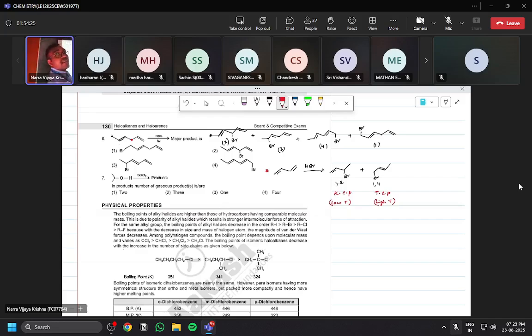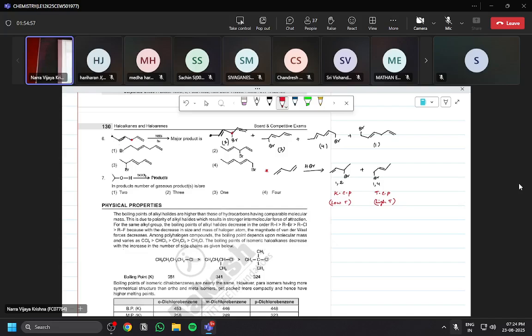Correct or not? So in case of a radical, if the radical is formed here, then it is a secondary radical and it is in conjugation with 2 pi bonds in the same direction. Here, 2 pi bonds in the same direction, but it is a primary radical.